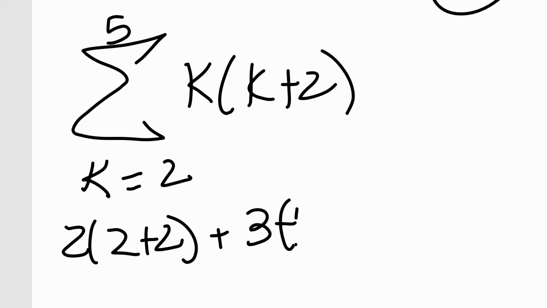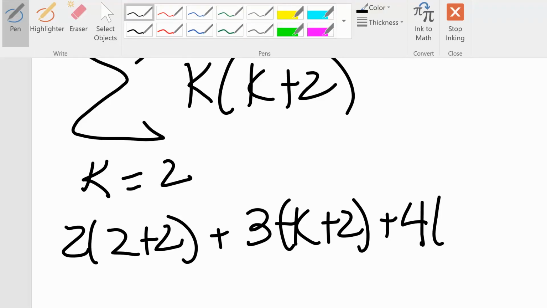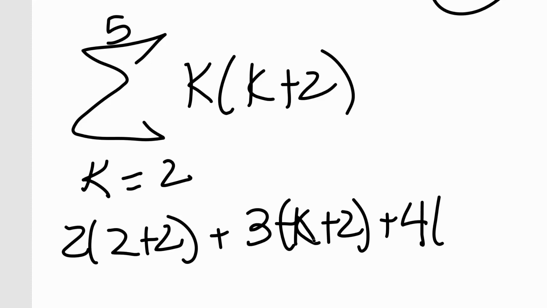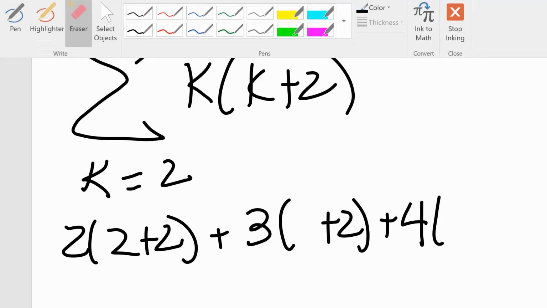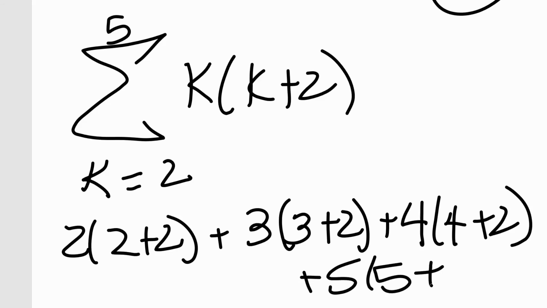That k should be a 3, so we redid it. So it's 2 times 2 plus 2, plus 3 times 3 plus 2, plus 4 times 4 plus 2, plus 5 times 5 plus 2.